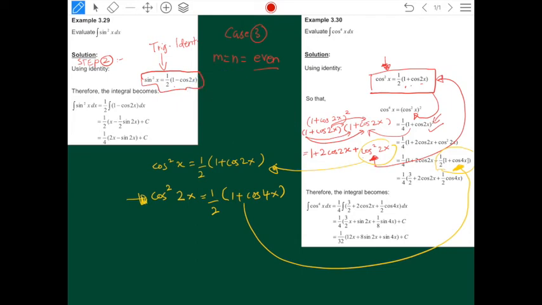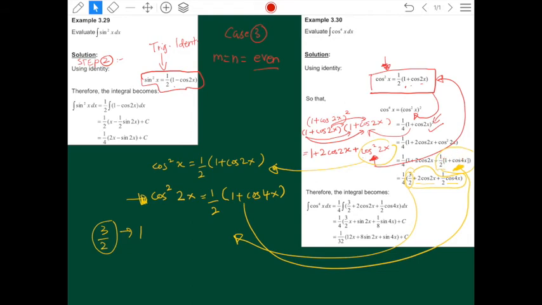You need to be very careful how you solve this. It ends up being like this: 3/2 plus 2 cos 2x plus half cos 4x. How come there is 3/2? The 3/2 is actually coming from the 1 that we have here, and then we have the half here.